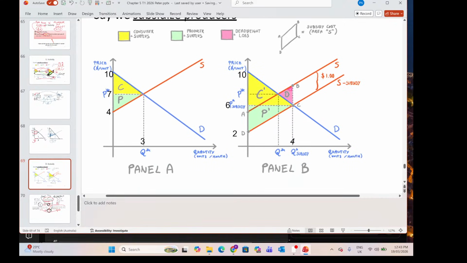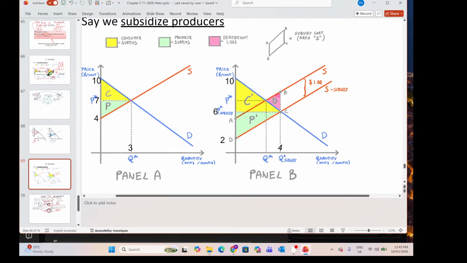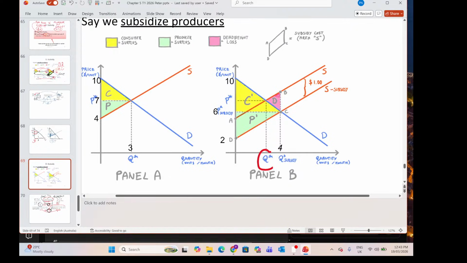Okay. Now, how can we show this dead weight loss? So this is really our last slide for the day. The dead weight loss is shown this way. We know that at Q, this is the equilibrium here. That is the point of greatest efficiency.